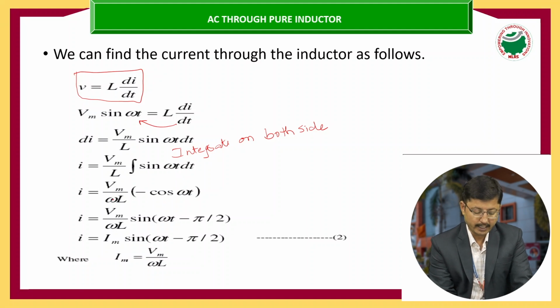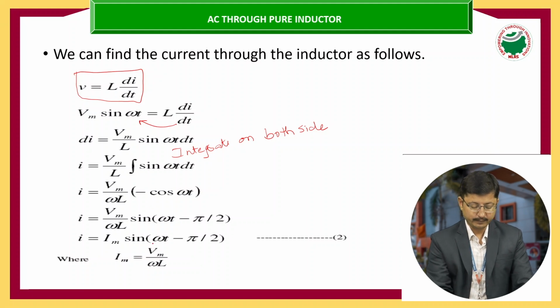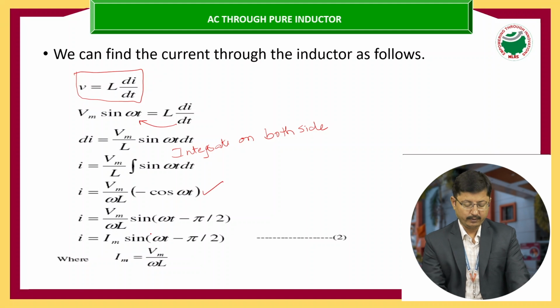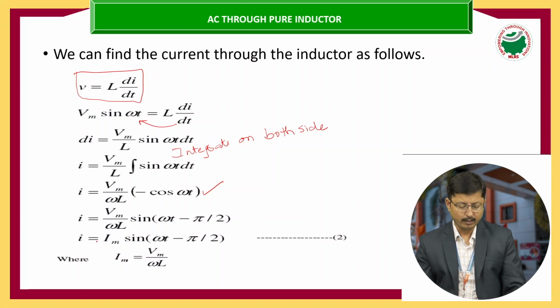So current I equals Vm by omega L into minus cos omega t. Rewriting this in terms of sine, I equals Vm by omega L sin(omega t minus pi by 2), or I equals Im sin(omega t minus pi by 2).